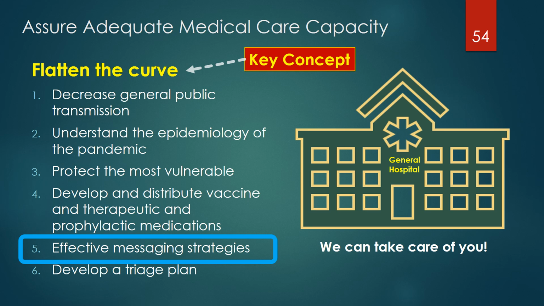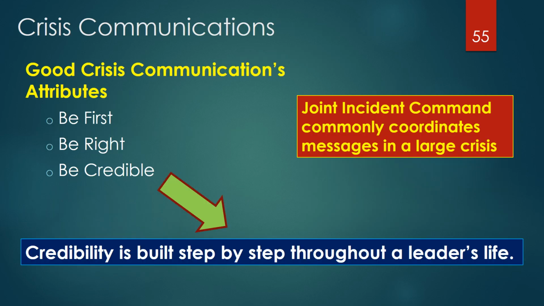Let's now briefly discuss effective messaging strategies. These next few slides are not meant to be exhaustive, but provide some key points regarding public health crisis communications. During an epidemic, pandemic, or any other major crisis, consistent messaging from all levels of government leadership is extremely important.